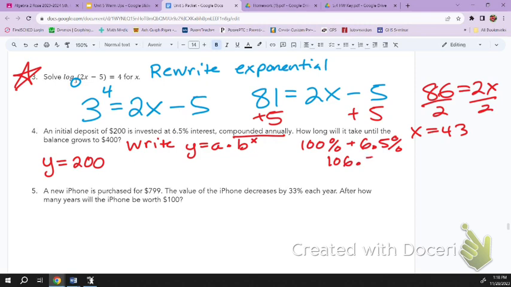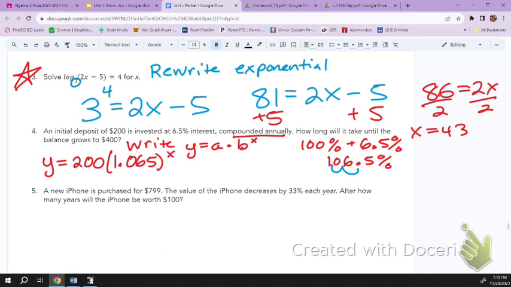And then I have to move my decimal place to get the b value. So that means my b value is 1.065 to the power of x.